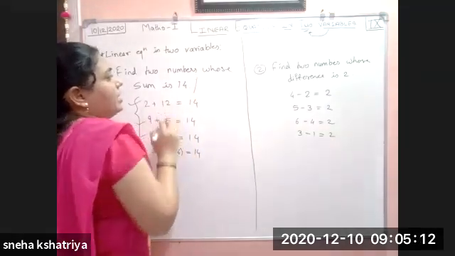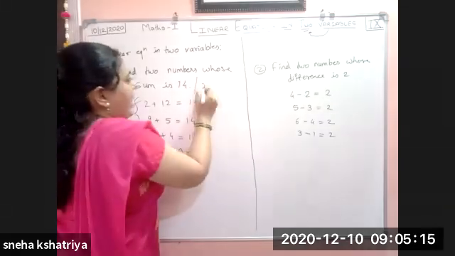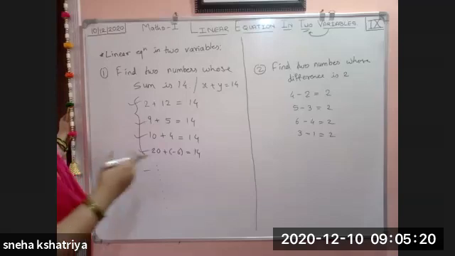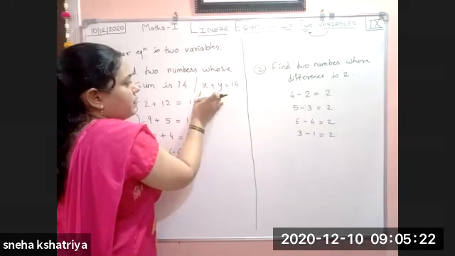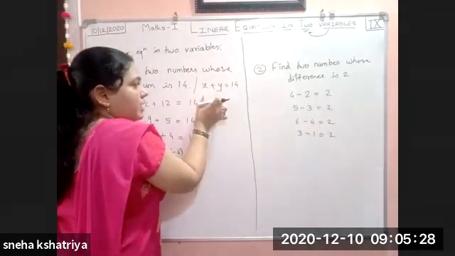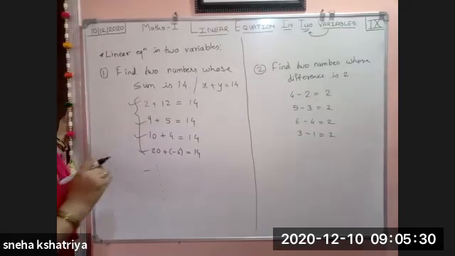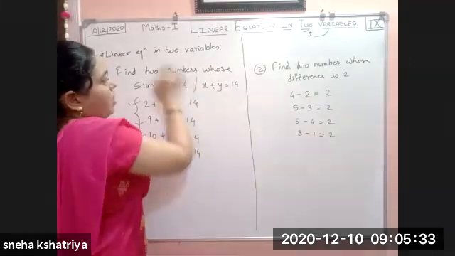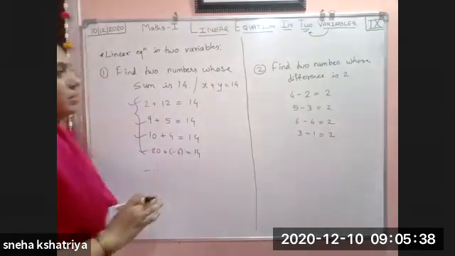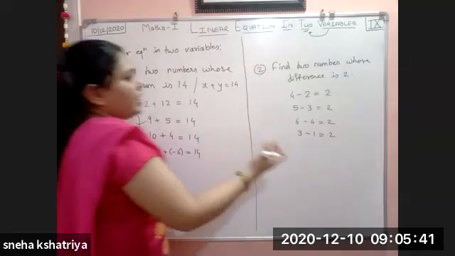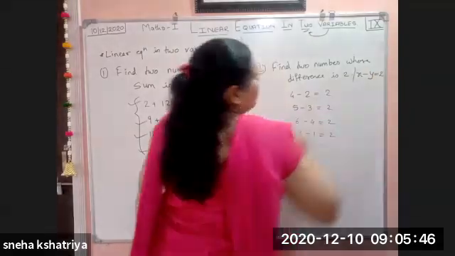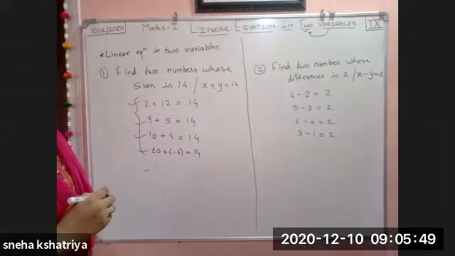So we have to consider here any two numbers. In general, we consider this as x plus y is equal to 14. The addition becomes x plus y, where x is such a variable, y is such a variable, whose addition becomes 14. So here two variables come in the given question. Similarly, here it will become x minus y is equal to 2.